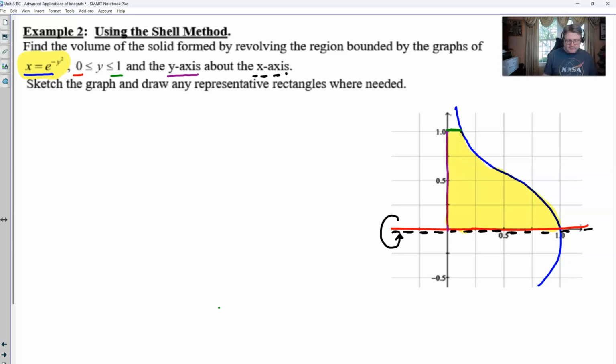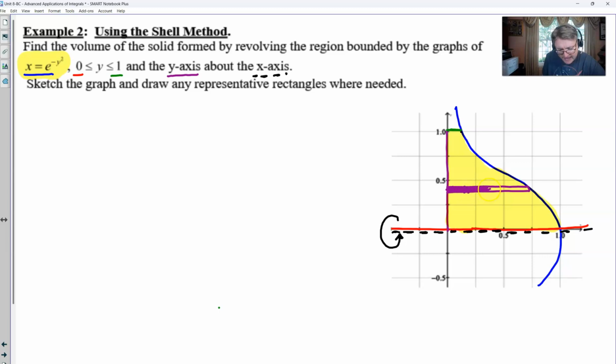And so I'm going to get rid of that dash line. And when I do the shell method, and if you didn't get a chance to catch the example one video, you might want to check that out because I go into a little bit more detail about the development of the shell method. But in our shell method, all we have to do is draw a representative rectangle so that it is parallel to our axis of rotation.